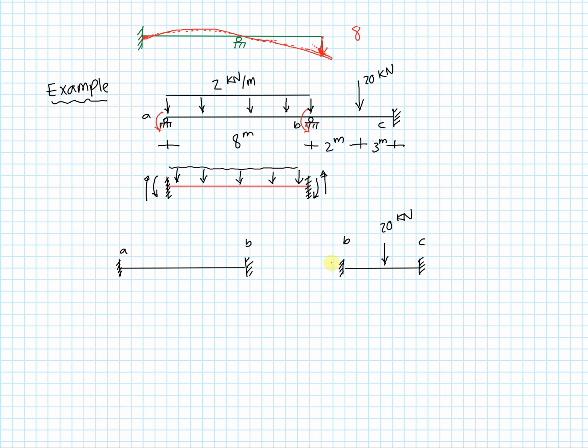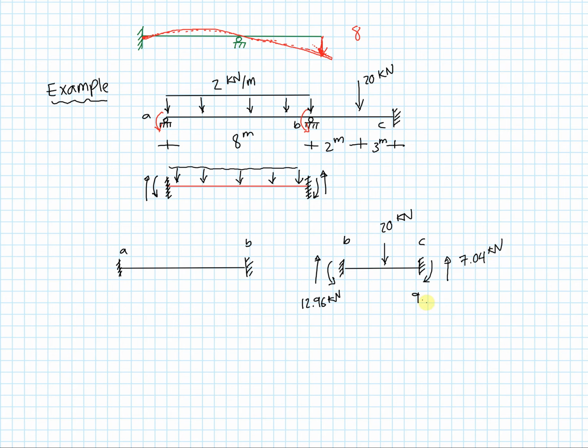And when I look up my fixed end moments and forces, and hopefully I've done my math correctly here, I tend to get values that are 12.96 kilonewtons and 7.04 kilonewtons.